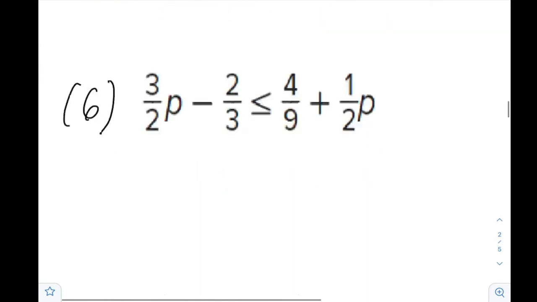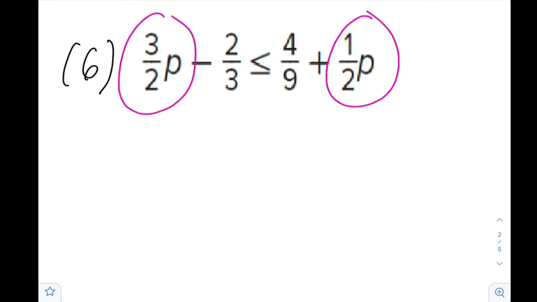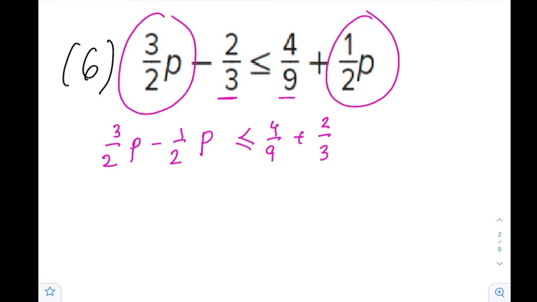Now there's another question including fractions, and this is a simple question as well. We have two like terms, and these are also like terms. We will combine them together, and this will be less than or equal 4 over 9 plus 2 over 3.